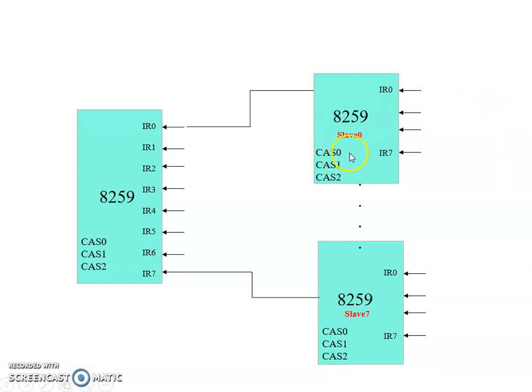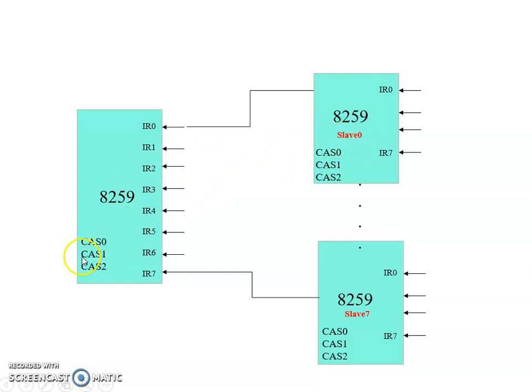Suppose this is slave 0 and the identification number for slave 0 is 000, and suppose this is slave 7, so the identification number is 111. When the master PIC sends 000 on these lines, that 000 matches with slave 0, so this 8259 acknowledges this slave.